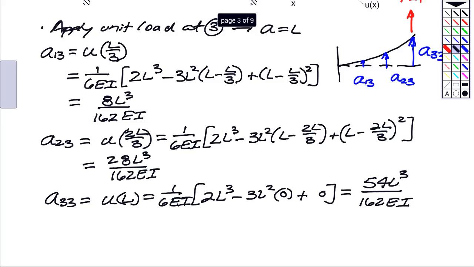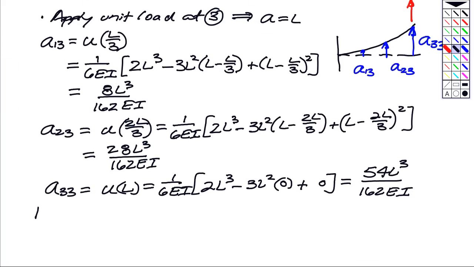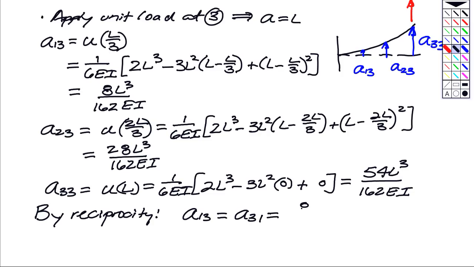Now, by reciprocity, by the fact that our flexibility matrix is symmetrical, I know that A13 and A31 are the same. And that, of course, is, as we calculated above, 8L cubed over 162 EI.